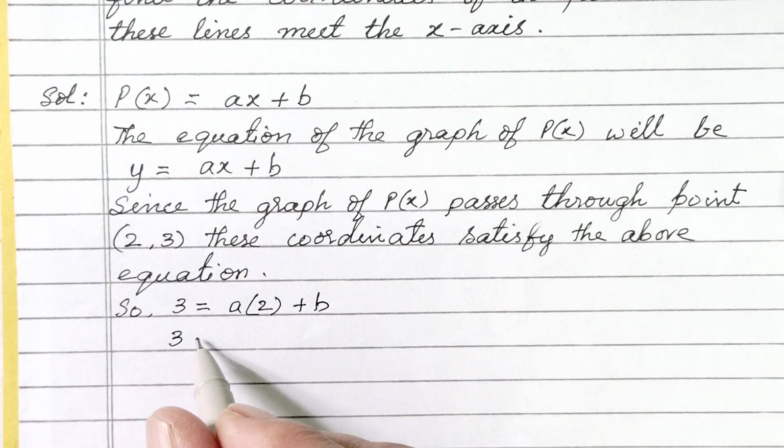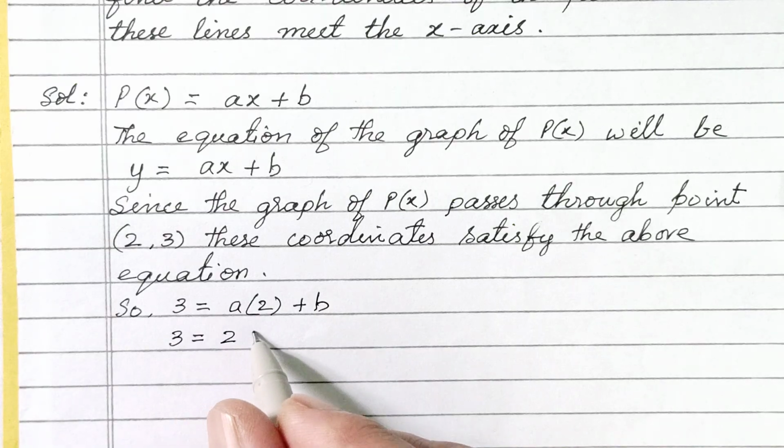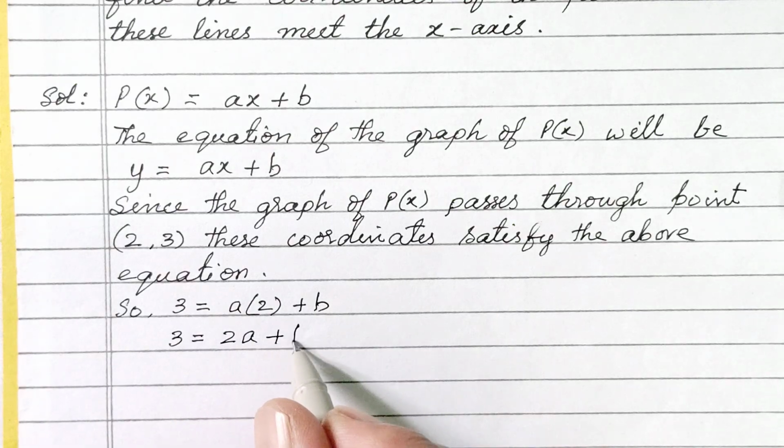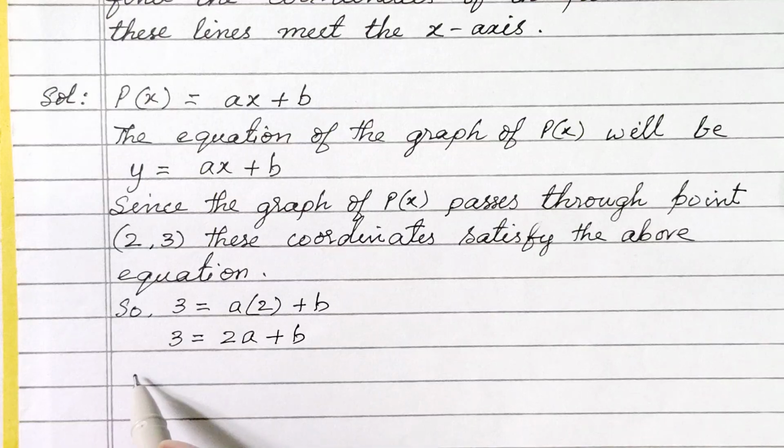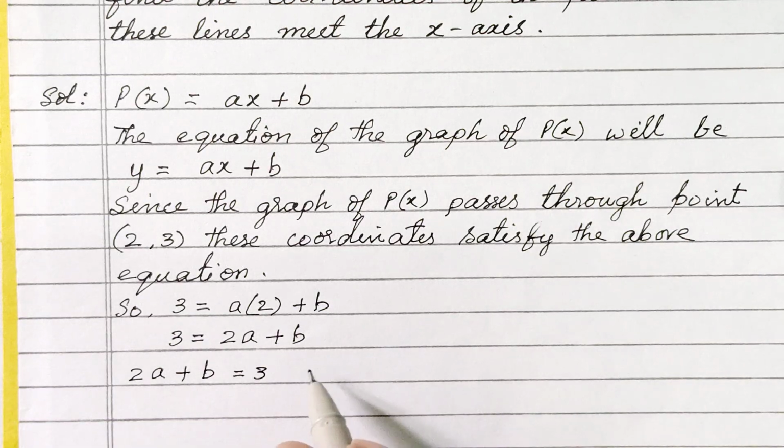So 3 will be equal to 2a plus b. So if I write it like this, 2a plus b equal to 3, I will get the equation 2a plus b equal to 3. I will label this equation as 1.